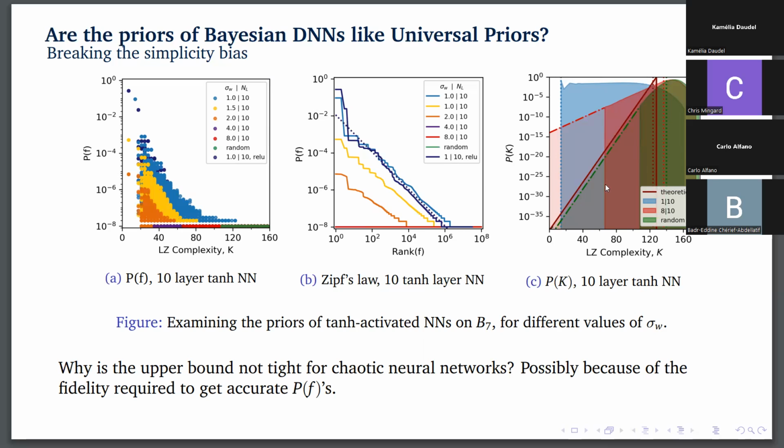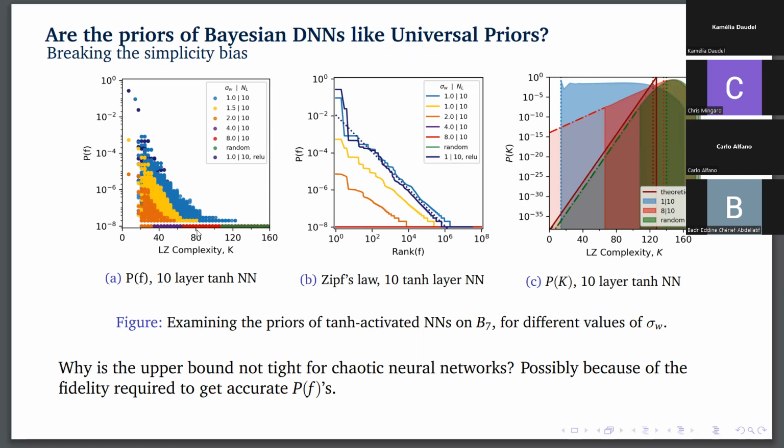So you have 2 to the K growth in functions, but a 2 to the minus K drop-off in the probability given to each function. If you have that case, which we say is somewhat close to optimal, you get a flat distribution here.